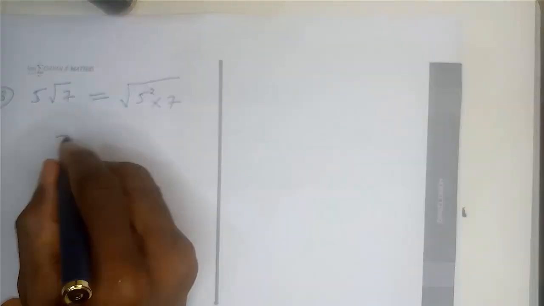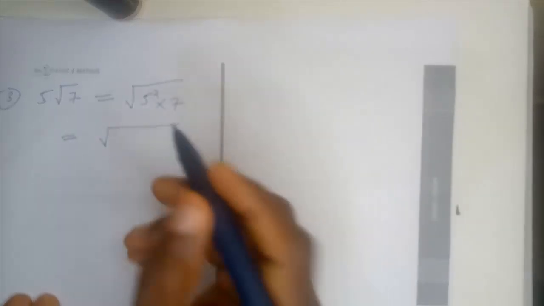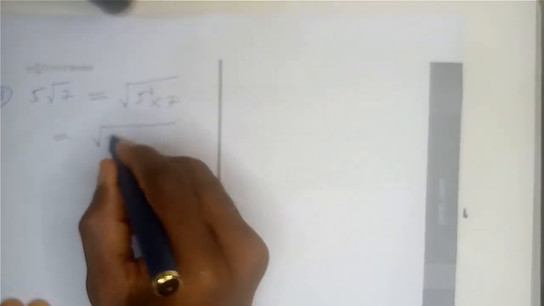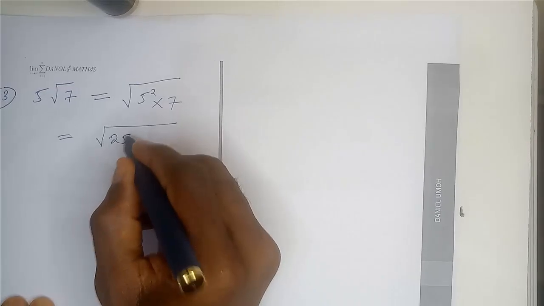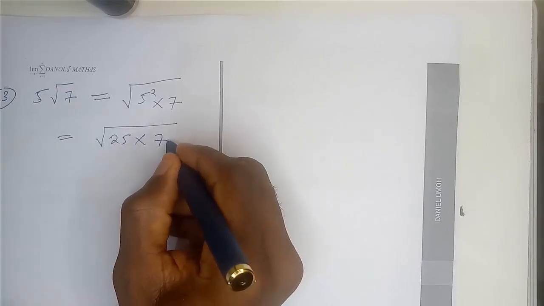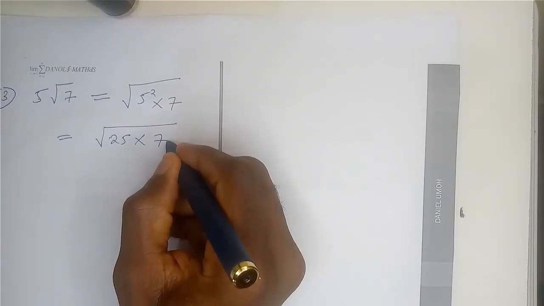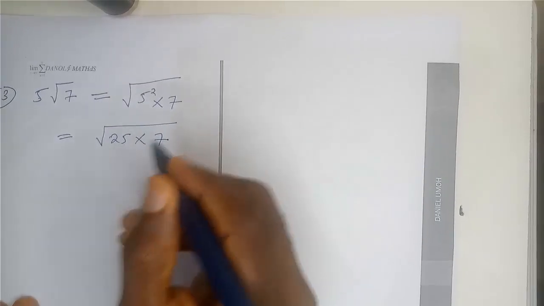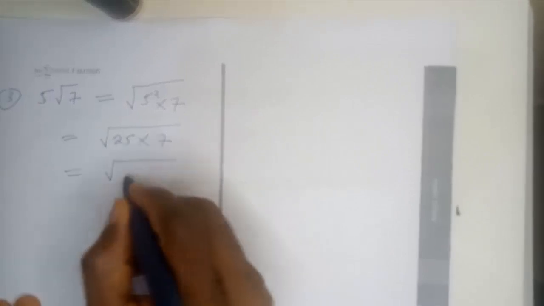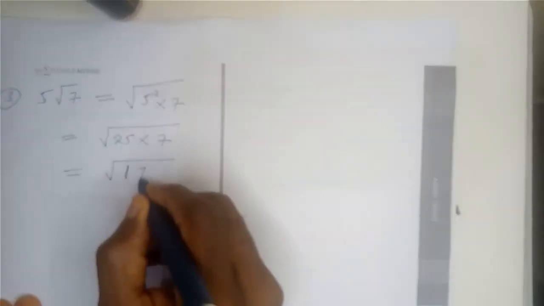So this will now give me square root of 5 square is what? 25. And this times 7. So now, what is 25 times 7? 25 times 7 will give me 175. And that's all.